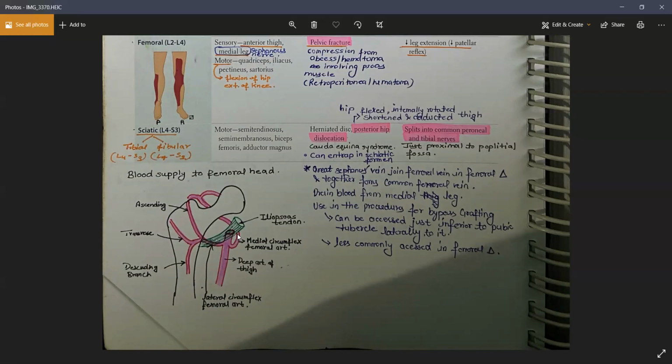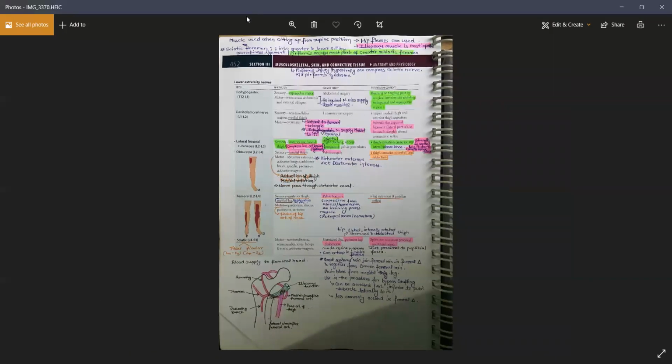The medial circumflex femoral artery supplies the major part of the head of the femur, while the lateral artery supplies a minor part. It divides into the ascending branch, transverse branch, and descending branch. So whenever you have any kind of damage involving the medial circumflex femoral artery, you can have avascular necrosis of the femoral head. Is that okay? Yeah.